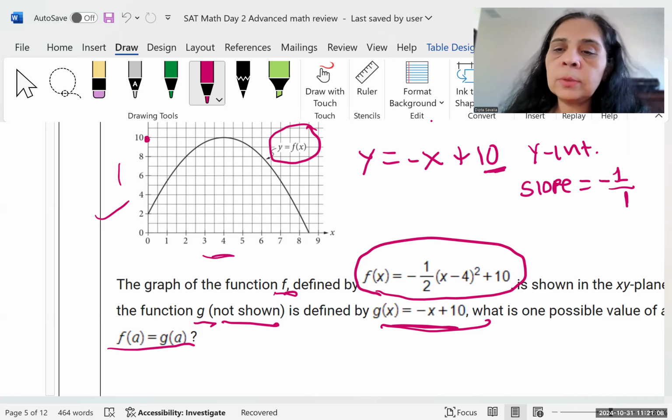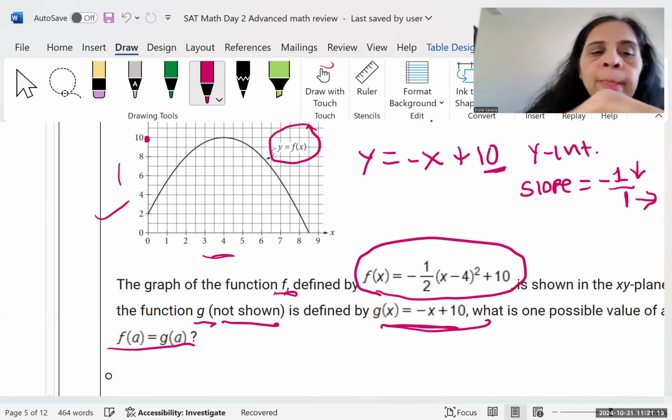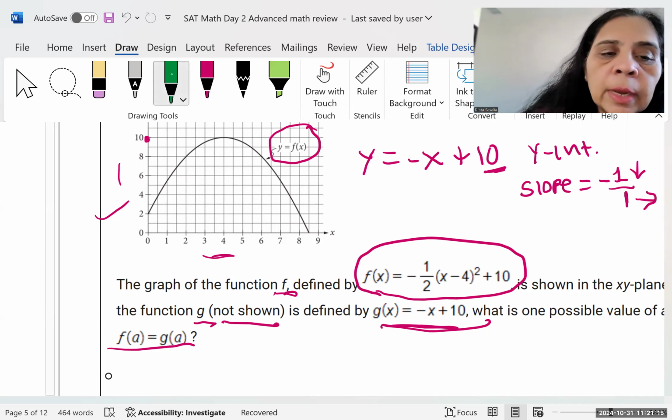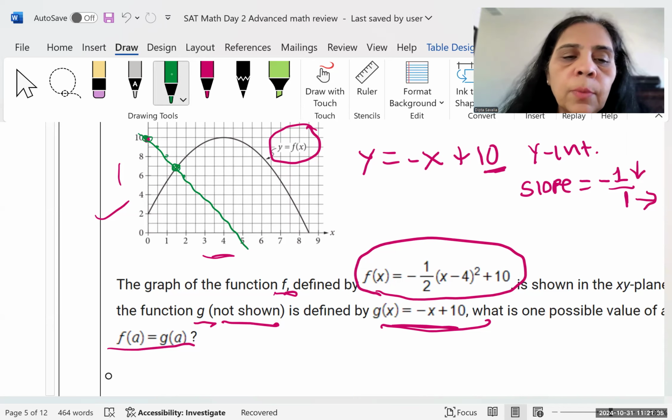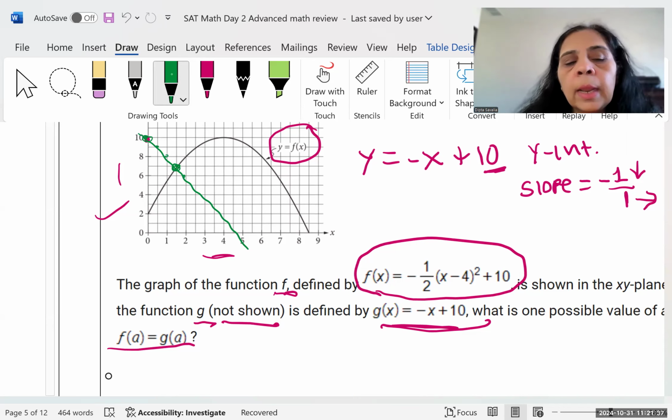So whenever we have a negative slope, we will move down and right. So from here we move down 1, right 1. You can do just down 1 again and right 1. Down 1 and right 1. So you can just keep moving and connect all the points, and you can see this is the point we have.